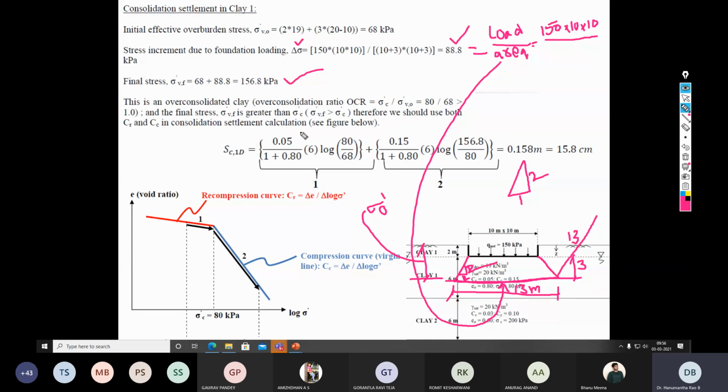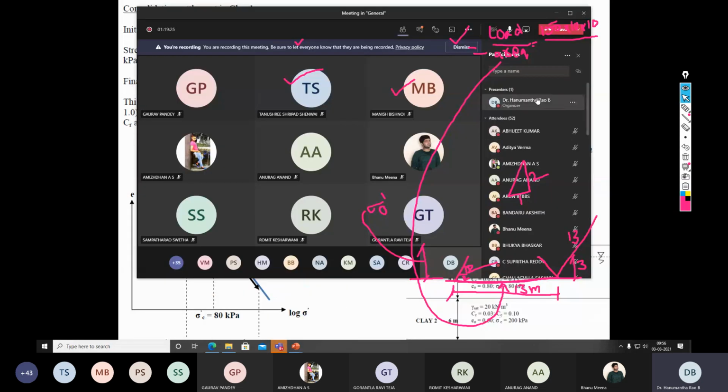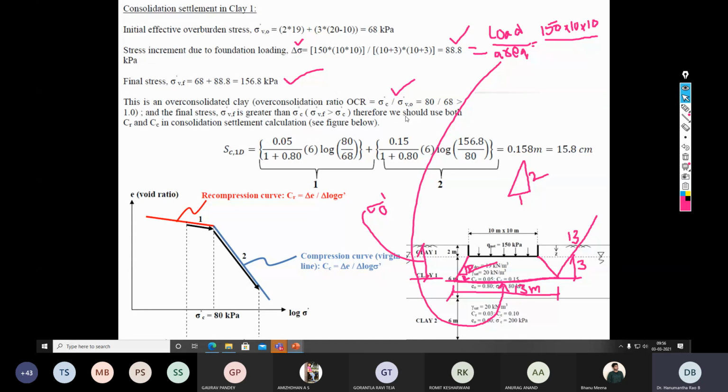This is an over consolidated clay. Over consolidation ratio is defined as sigma c by sigma v naught dash.